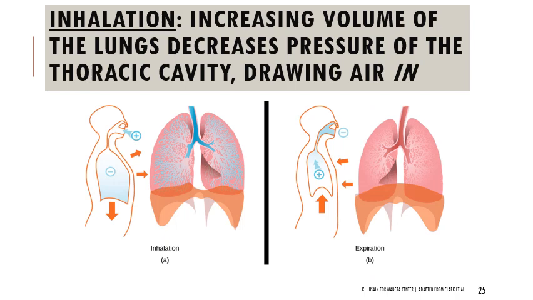So when you inhale, you are increasing the volume of the lungs. So you're moving that diaphragm down, you're moving those intercostal muscles out, you're contracting them, and that's decreasing the pressure of the thoracic cavity. It's making it more negative, and so air is going to flow from where it's more positive to where it's more negative, so air is going to get drawn in.